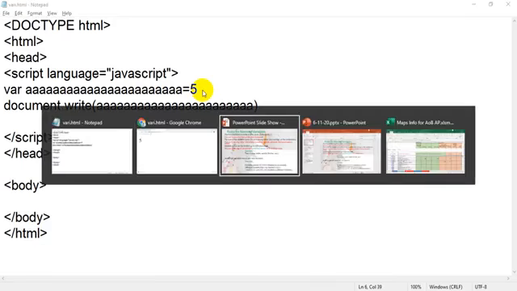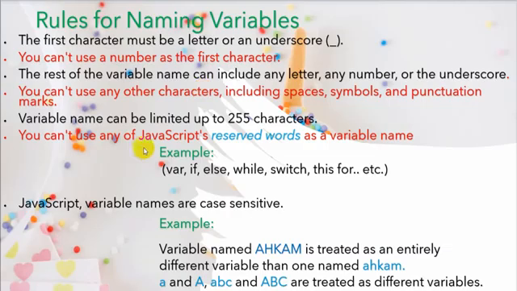Now see, this is very important, students. In our first 4 or 5 rules, we have seen we can declare any variable with any character, starting from A to Z. But there are some reserved words.